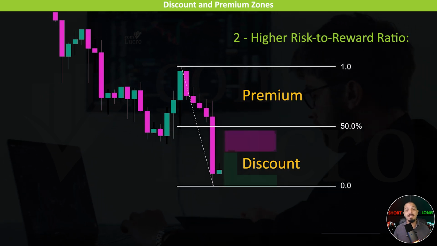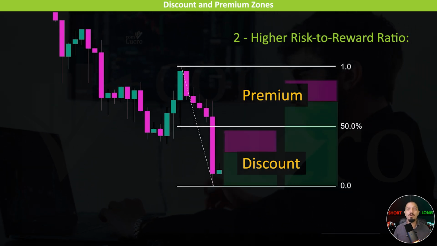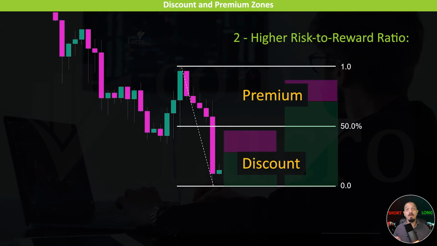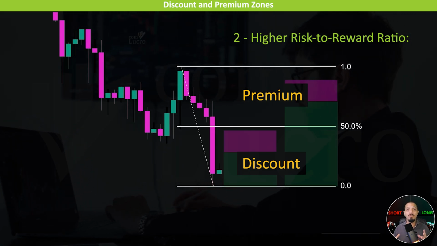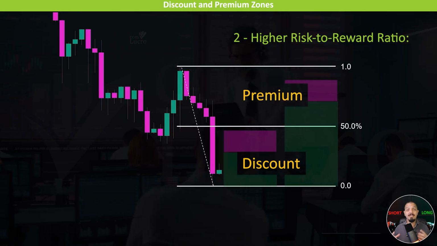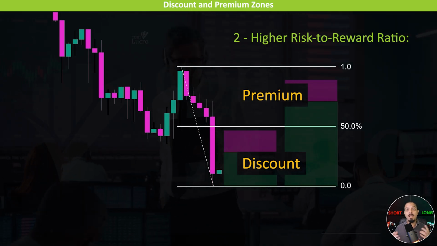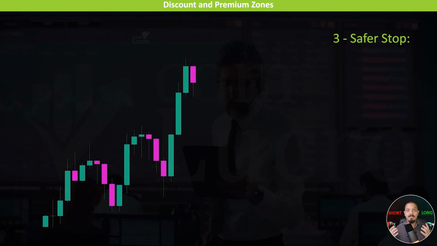If you enter in the premium zone, our risk to reward ratio would be too low. We always want our trade to have more than a 1-to-1 risk to reward ratio. That's why trading inside the discount zone will give us a higher risk to reward ratio and a more rational trade. 3. Safer stop.